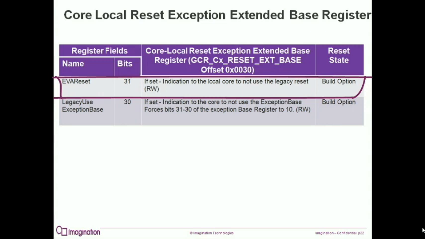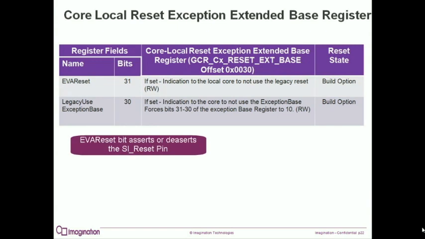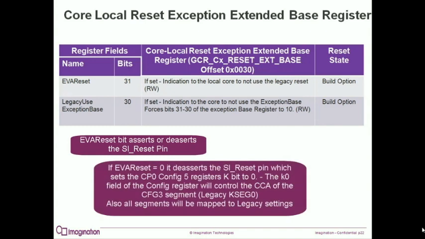The initial value of EVA reset is set at IP configuration time. The EVA reset bit controls the SI EVA reset pin. This pin is then driven by the CM to the core. If the EVA reset bit is set to 0, then the SI EVA reset pin is deasserted, which drives the K bit to 0.